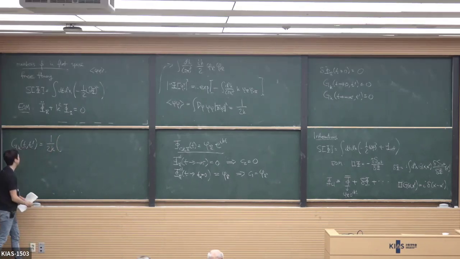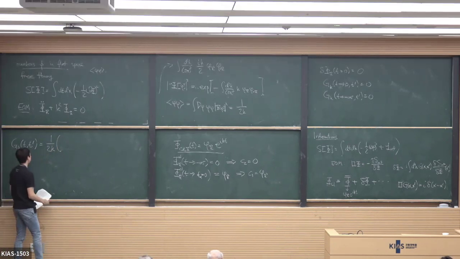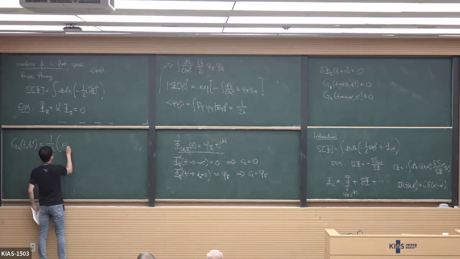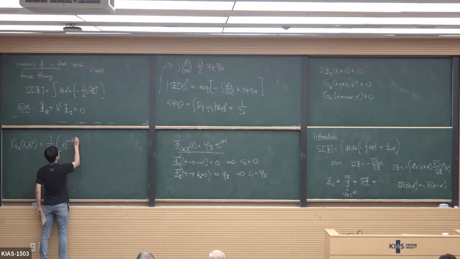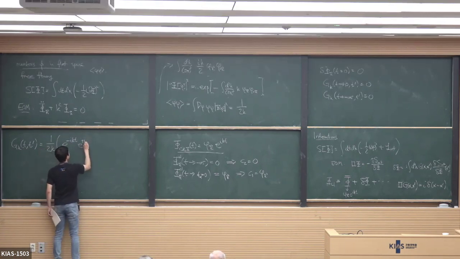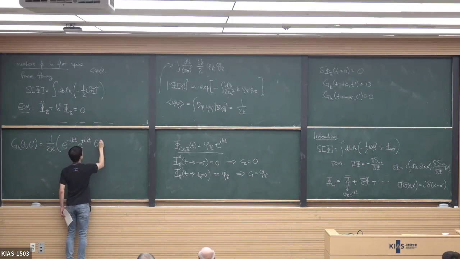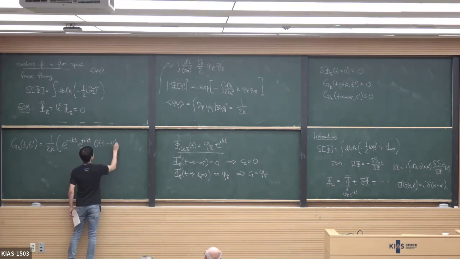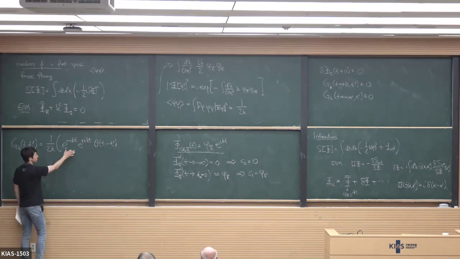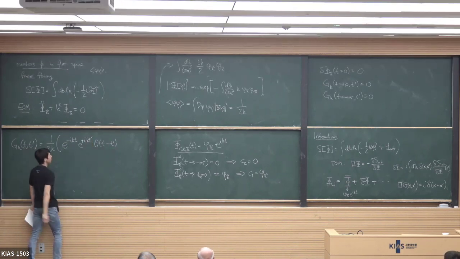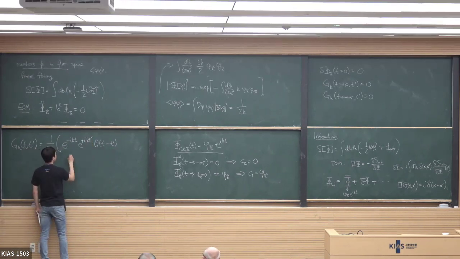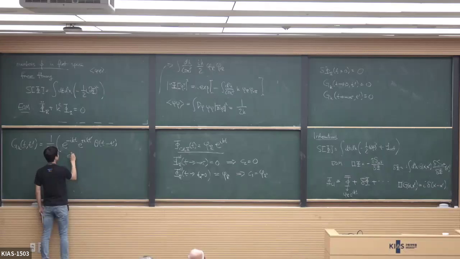So you get three different terms that contribute to the Green's function, which are given by this. Okay, so product of the plane waves with the theta function, and one with the opposite sign.